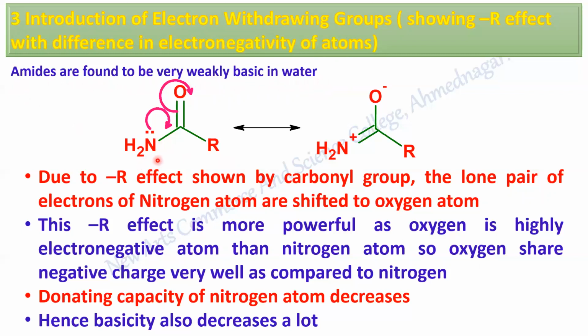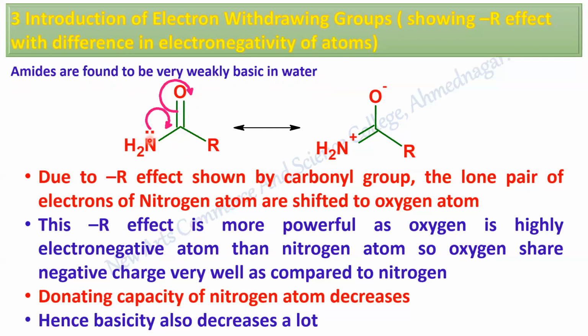So look at here. In NH2, this CO group acts as an electron withdrawing group. At the same time, it shows a minus R effect. So you can see here how the resonance takes place.